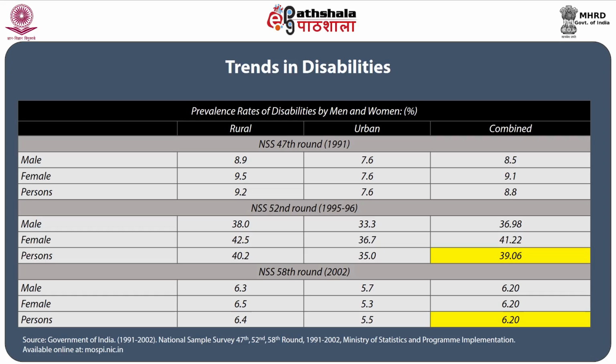The estimates from the 47th and 58th rounds, however, seem to provide fairly close estimates. That is why we need to know that the mental health issues and the disability issues are all reported at varying levels, and in that context we need to improve the quality of data, and the nature of data that it requires also needs special attention.